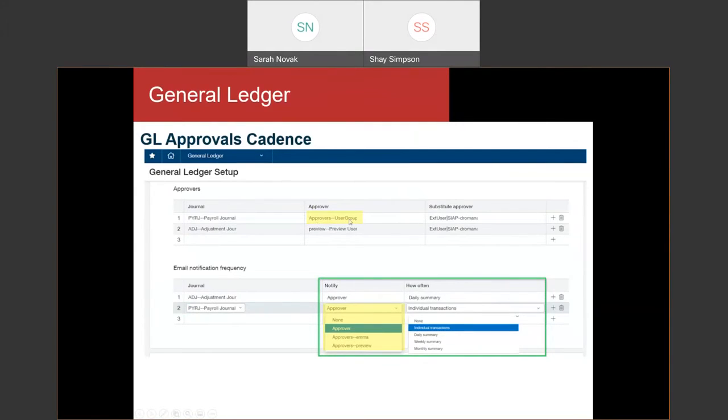So I can set an approval group, and when I come in and set up my notifications, because I have two end users, Emma as well as this preview approver, I have two users within that group. I can also set up that email notification frequency for either or. So if I just want it to go to Emma, I can set up the emails to just go to Emma, but Emma and preview can both approve the journal entry. So that's a really good functionality, and that was something that I felt like it was good that they retouched on in R2.